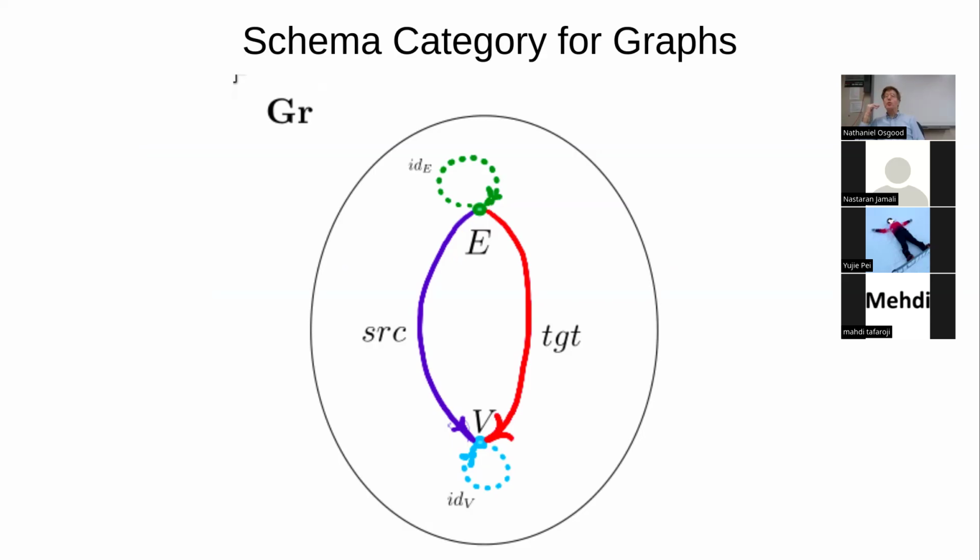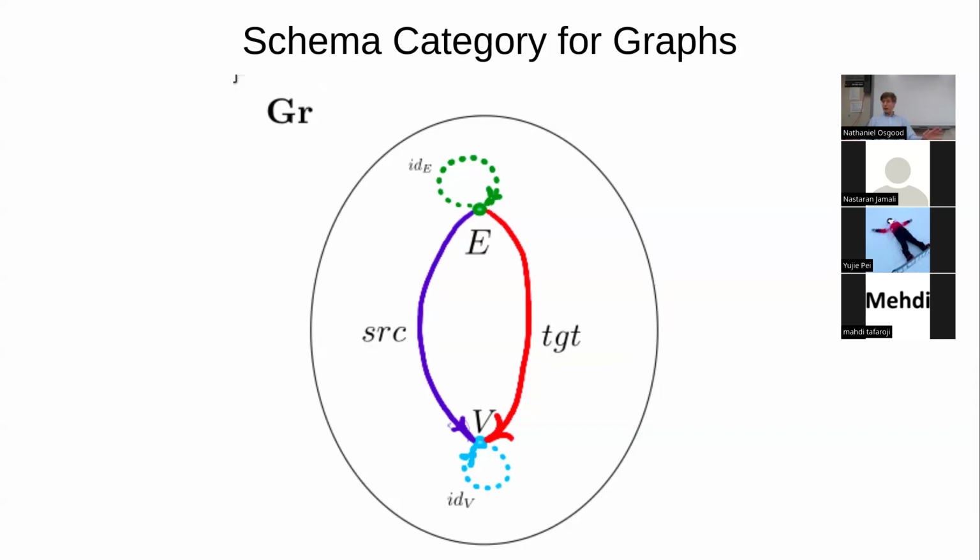So I want to talk here about schema categories. Schema categories are going to play a huge role in discussing presheaves or co-presheaves, because we're going to be dealing with functors from schema categories to Set.